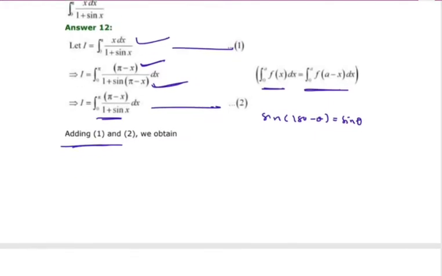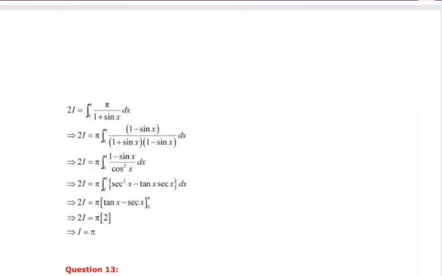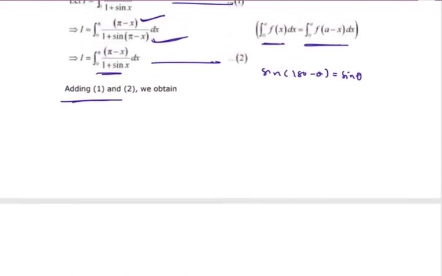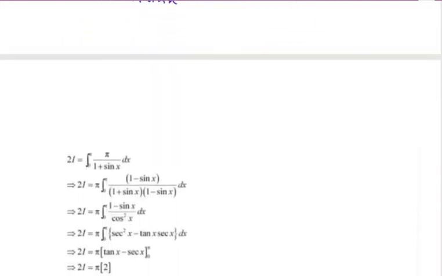So adding 1 and 2, what we get is 2I equals integration 0 to pi of x plus pi minus x divided by 1 plus sin x into dx. Here x minus x gets cancelled, right? So only 2I equals pi upon 1 plus sin x dx.